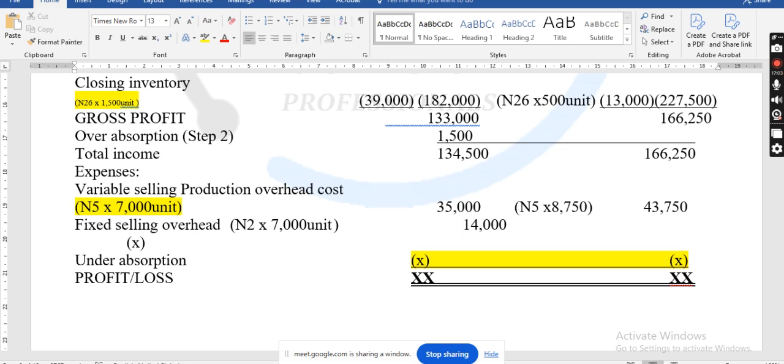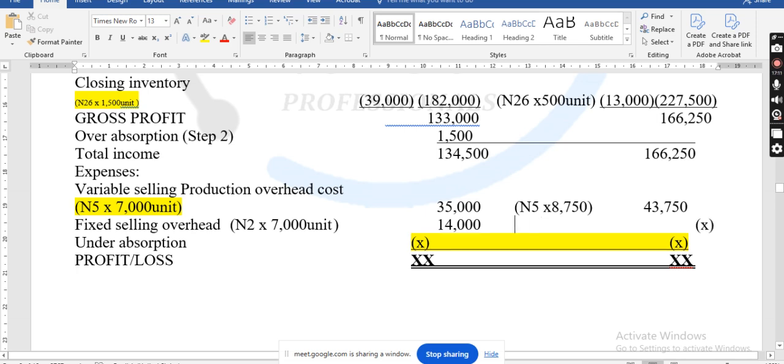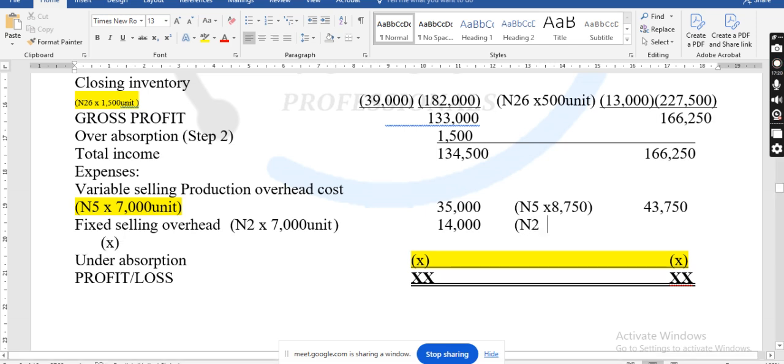Sometimes all these things will be given to you in value, so you don't need to multiply again. This question is adopted from ACCA, one of the ACCA study texts, right? Now, the next one, you still check. Don't forget this as well. It is still 2 naira, which you multiply by the sales unit, 8,750.